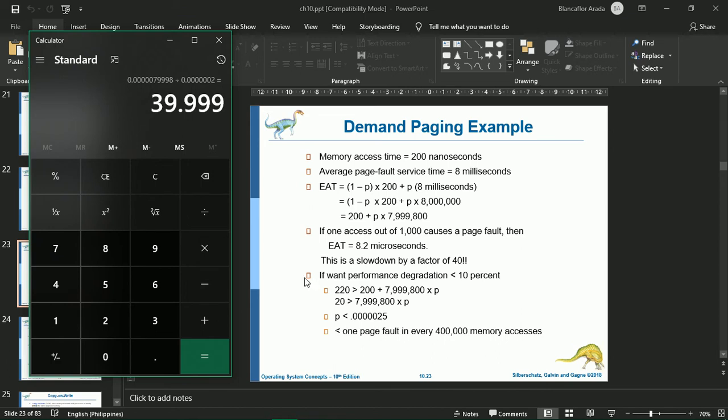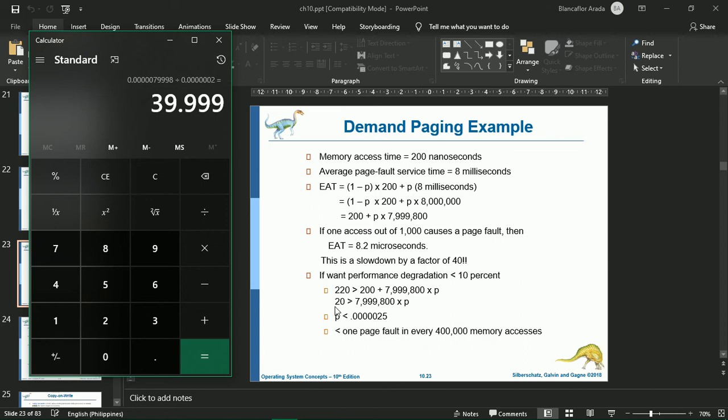Next, if we want our system to have a performance degradation of less than 10%, we have 220 greater than 200 plus 7,999,800 times P. How did we derive 220? It's because 10% of 200 is 20, and then you add it to 200, so it becomes 220.